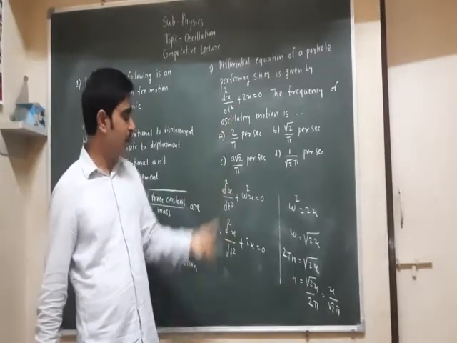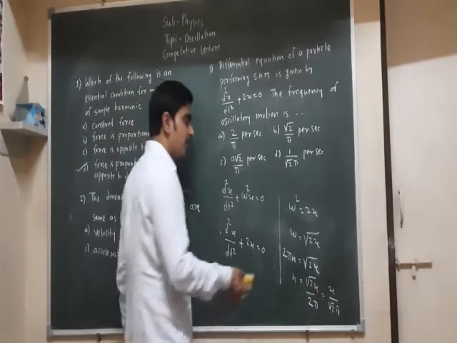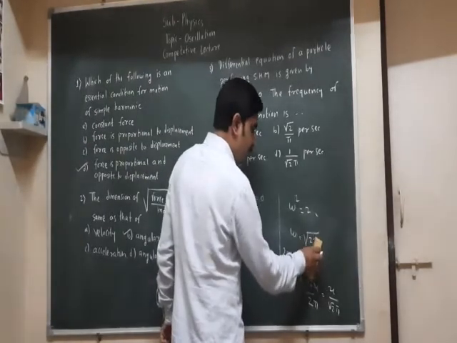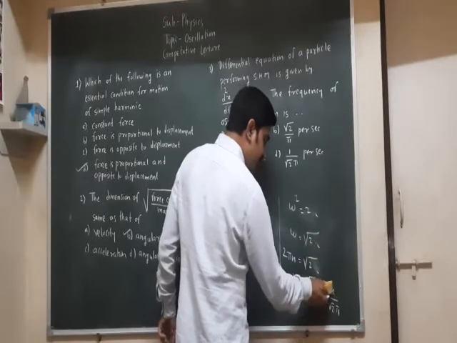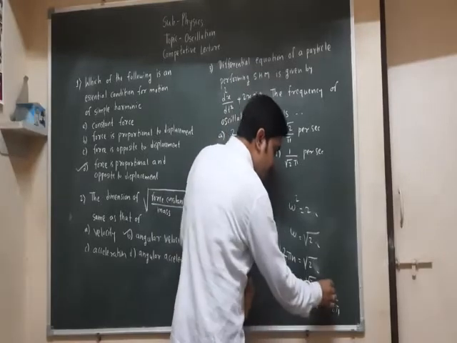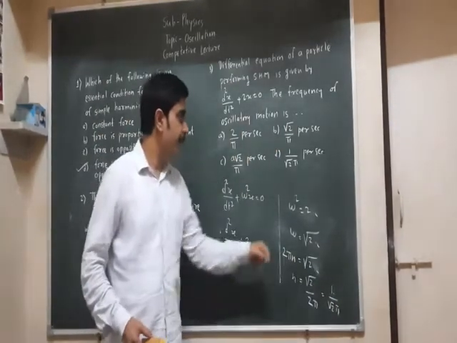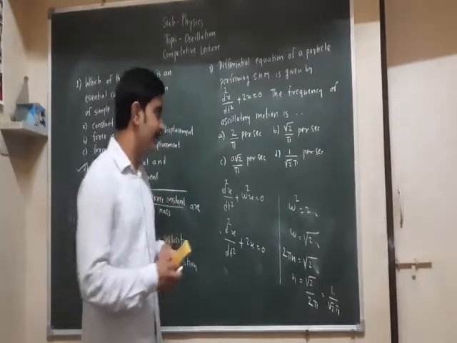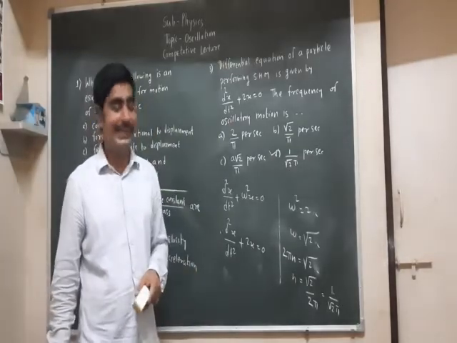Compare this equation with d2x upon dt square plus 2x is equal to 0. Here it is not necessary to write the x, so you can cancel it, otherwise many students will get confused. So here we are getting 1 upon root 2 into pi. So option D, 1 upon root 2 into pi, is the correct option.